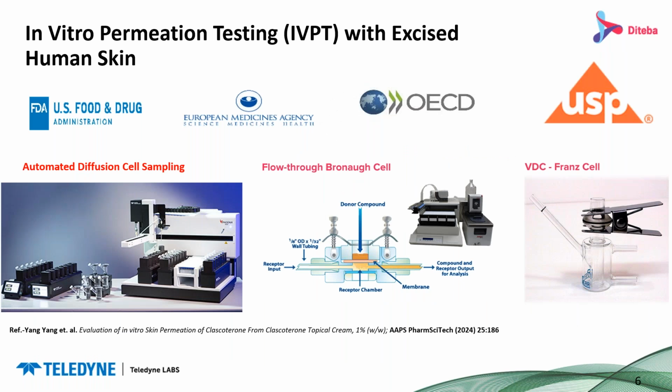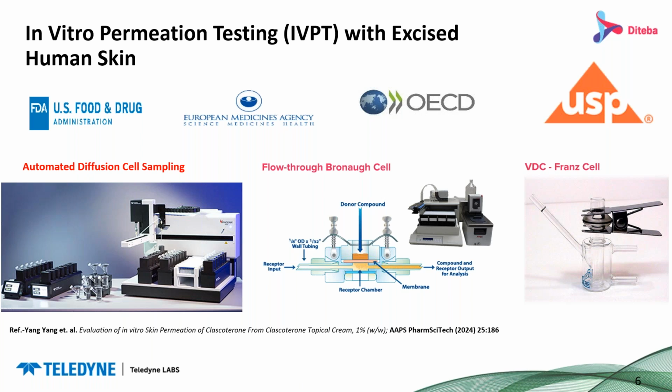About systems now, the recent guidelines from FDA, EMA, OECD, and the USP General Chapter 7024 outline recommended instrumentation for in vitro permeation tests, IVPT experiments. Currently available systems include the automated aliquot volume replacement system, manual Franz diffusion cells, and flow-through Bronaugh cell type systems.